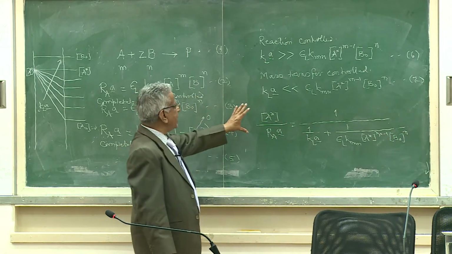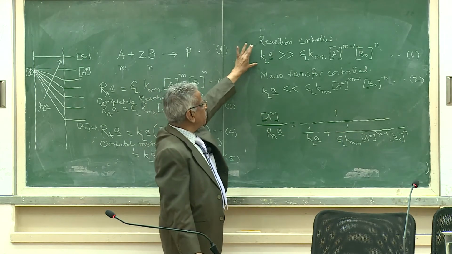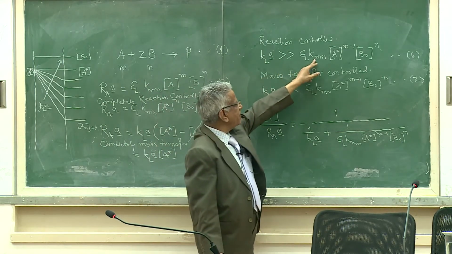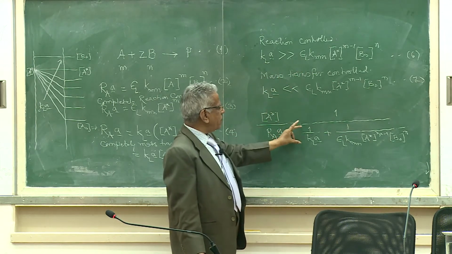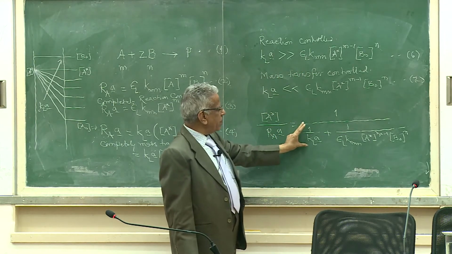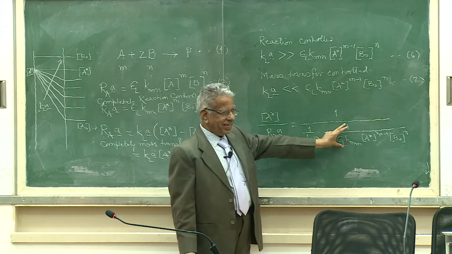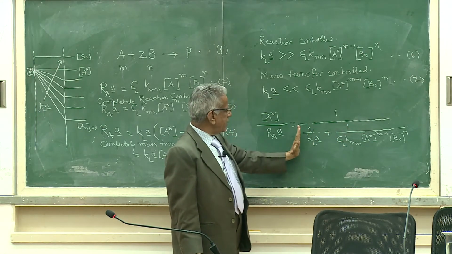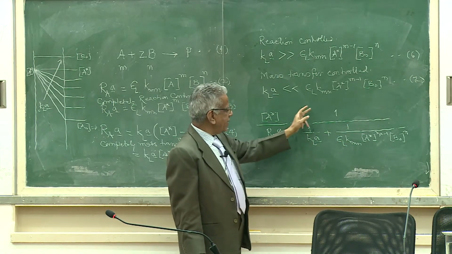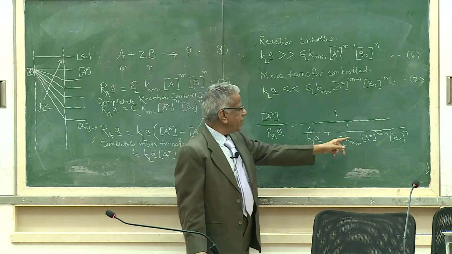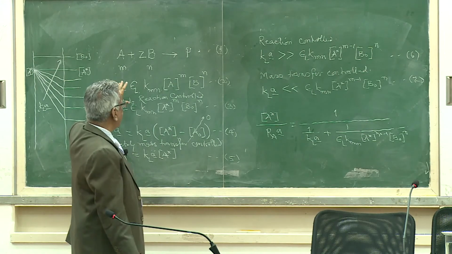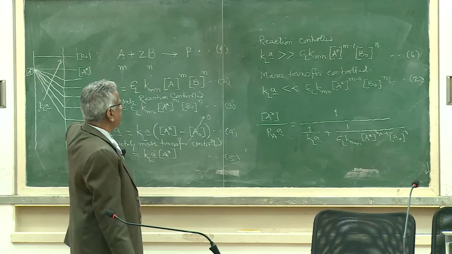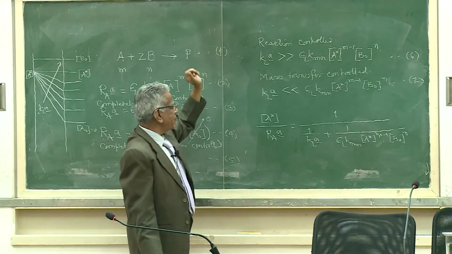So, imagine KLA is much greater than this. In other words, 1 upon KLA is much less than this. So, this cancels and we get RAA is equal to epsilon L Kmn A star raised to m B naught raised to n, which is our equation 3, which means it is completely reaction controlled.